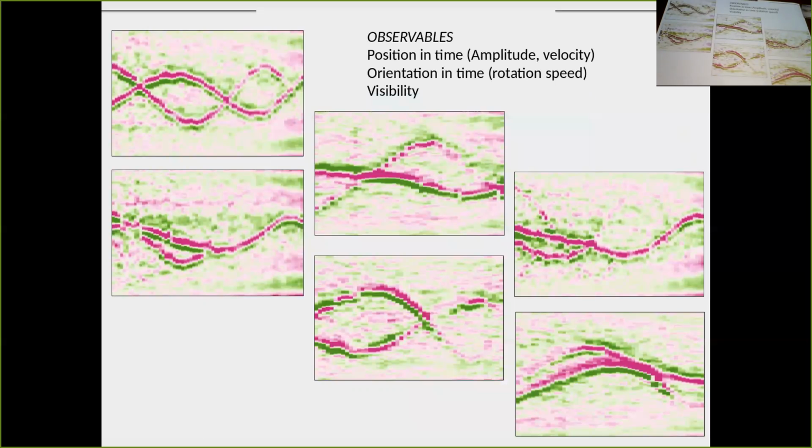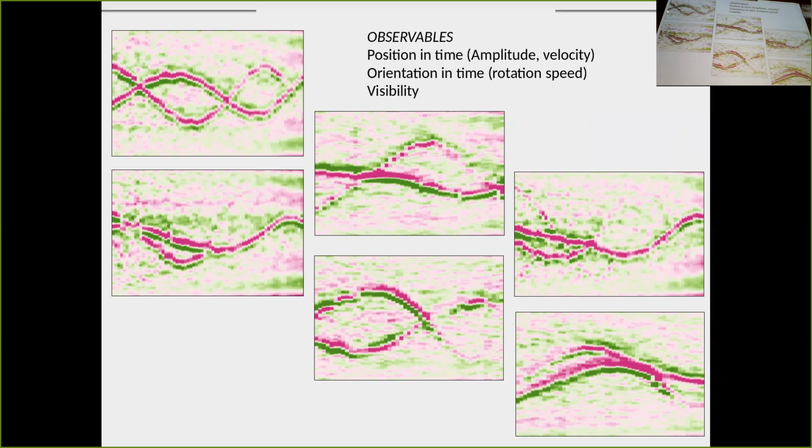So what are the observables we have available? Essentially, our observables relate to the position of the vortices versus time. So this tells us, of course, where the vortices are, and also what their absolute velocity and their relative velocity are. Another observable relates to the rotation.